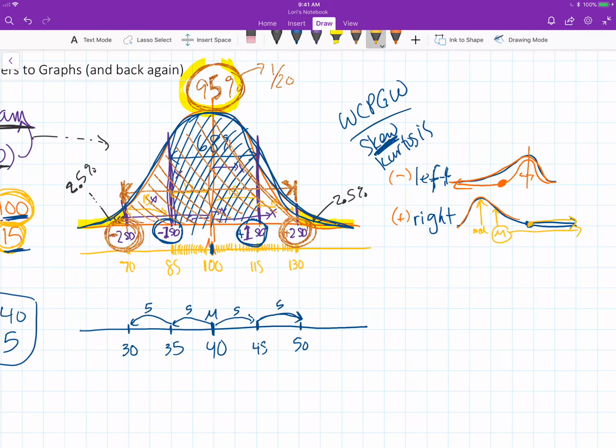So let me draw that on here. In a data set, that's extreme, especially if it's an extreme outlier. And I want to give you an example. Typically, cholesterol values are somewhere in the 100s, sometimes up to 200s. And so this is the normal range that you would see.